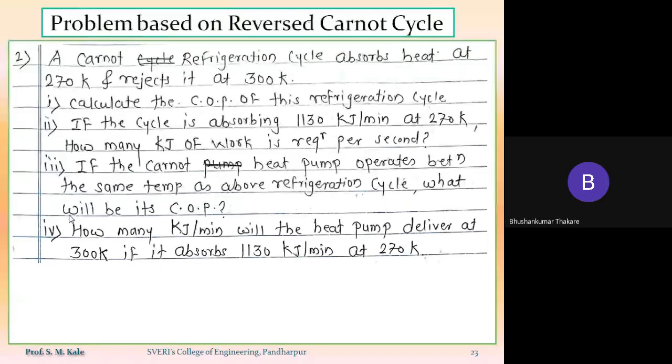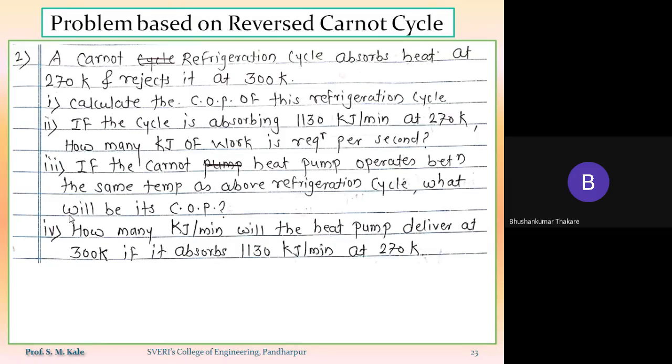Thakre. Okay. A Carnot refrigeration cycle absorbs heat at 270 Kelvin and rejects it at 300 Kelvin. Calculate the COP of the refrigeration cycle. If the cycle is absorbing 1130 kilojoule per minute at 270 Kelvin, how many kilojoule of work is required per second?